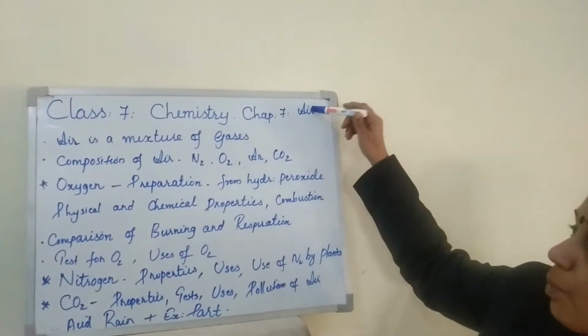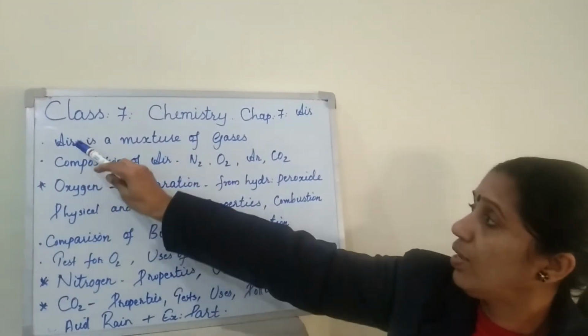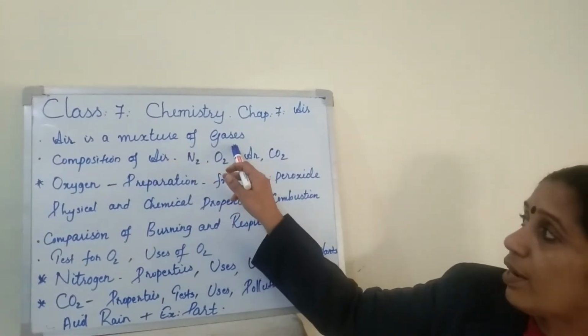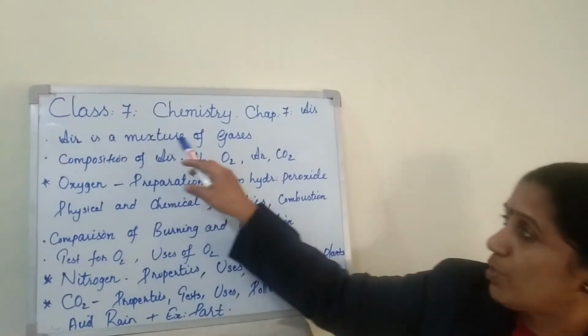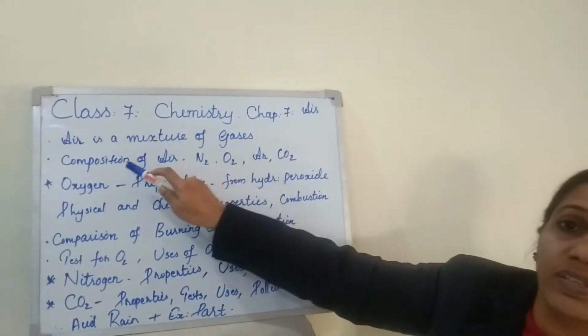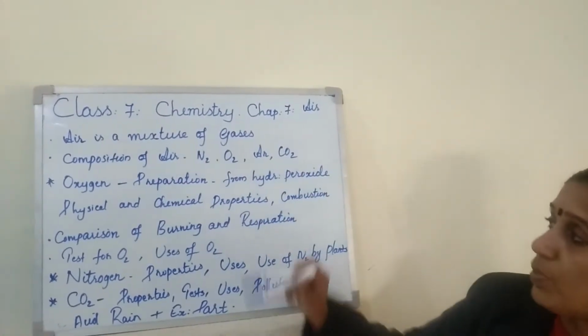So the name of the chapter is air. You know what the definition of air is? Air is a mixture of gases, and we know that air contains many gases. That's how we can say that air is a mixture of gases. The composition of air, that means the gases present in the air, is mentioned in this chapter.